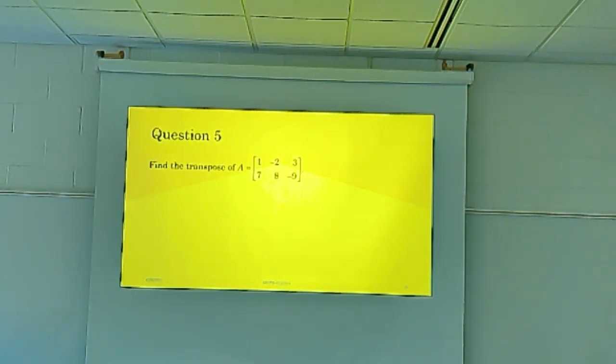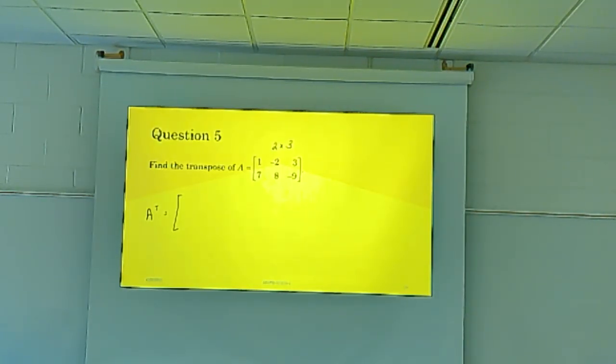Oh, this one's going to take a while. Find the transpose of A. What's the size of A? 2, 3. What is the size of A transpose going to be? 3, 2. What is the first column? 1, 7.